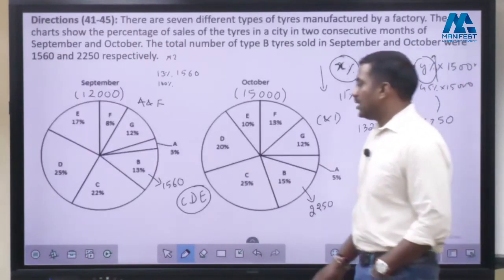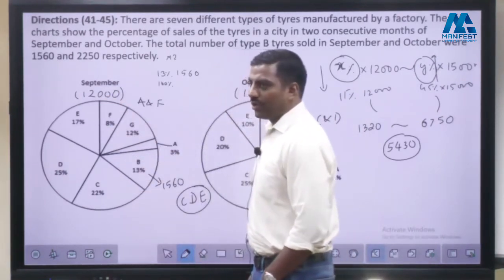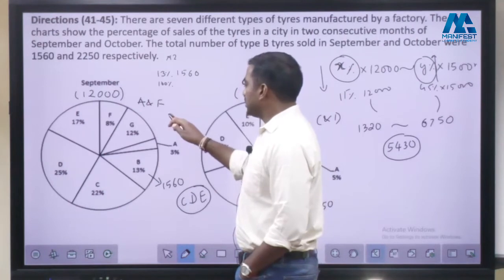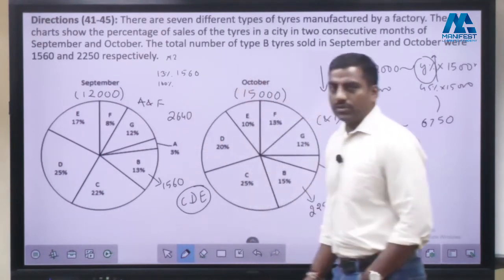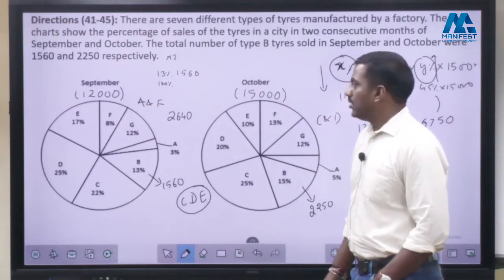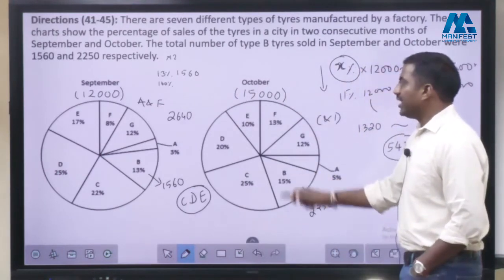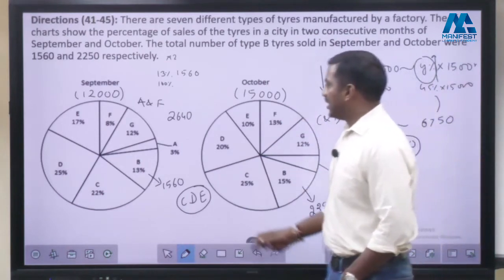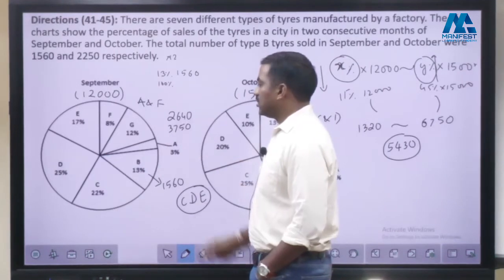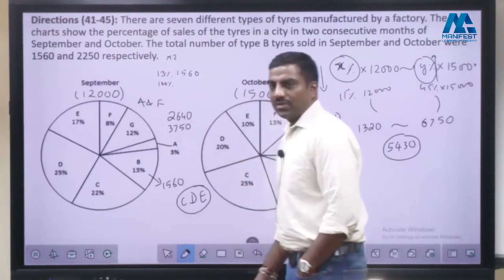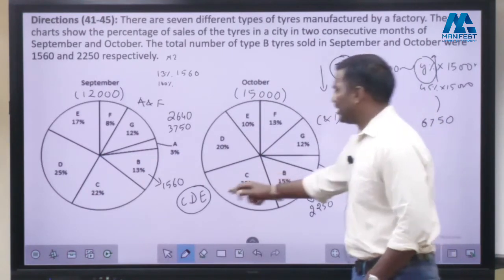Let us see. Now C, 22% of 12,000 is 2640. Then 25% of 15,000 is 3750. There is a rise. Yes or no? I wouldn't have calculated this at all.